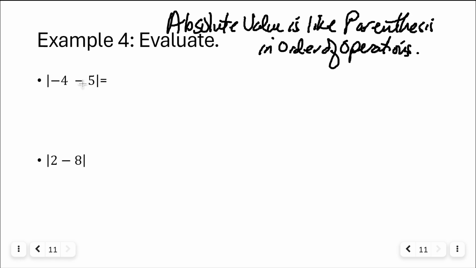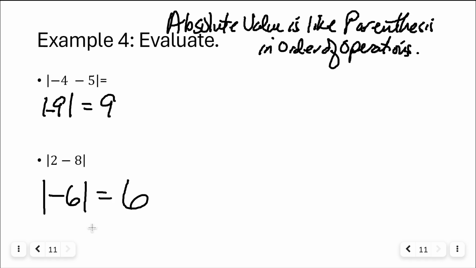So if I say negative 4 minus 5, the signs are the same. I'm going to add the numbers together. It gives me 9 and keep the sign. So the absolute value of negative 9 is 9. 2 minus 8, the signs are different. So I'm going to subtract the numbers. 2 minus 8 is 6. Take the sign of the higher number, which is the 8. So the absolute value of negative 6 is 6.